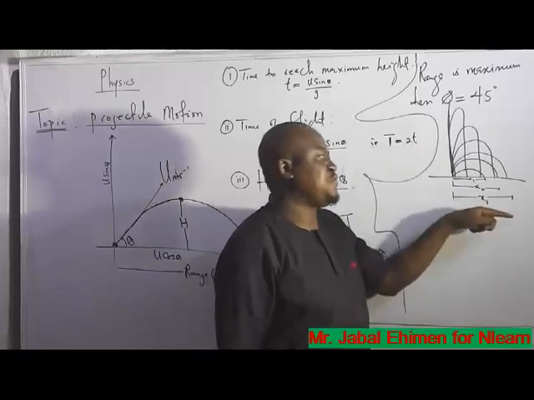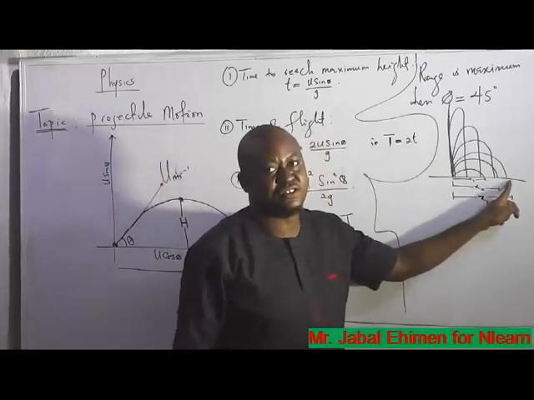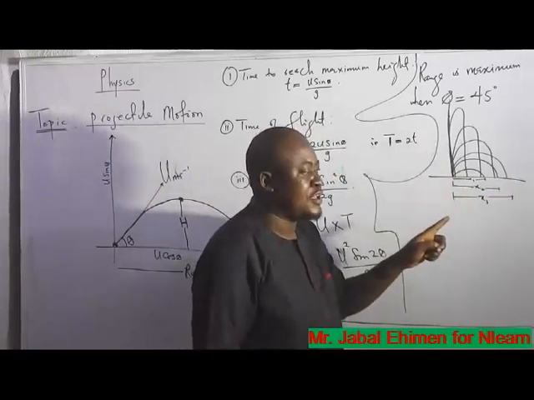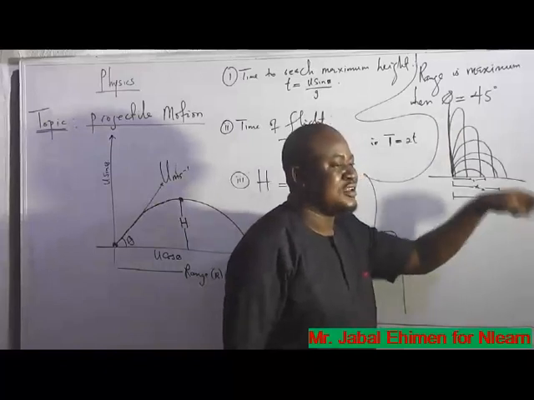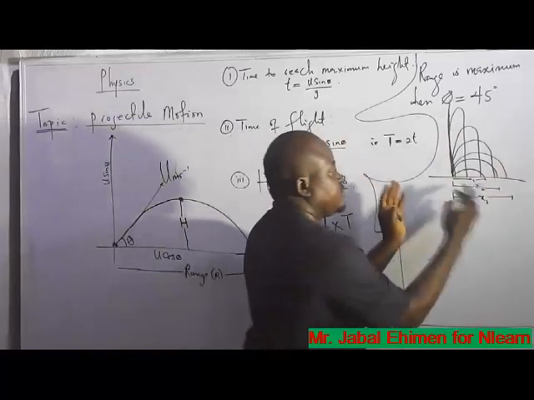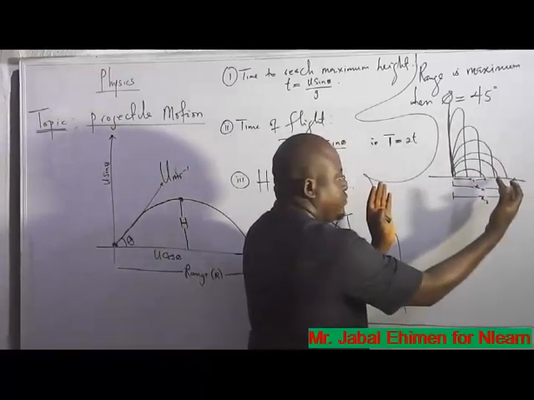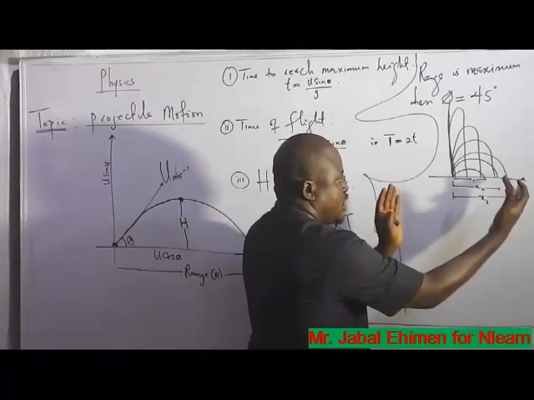Immediately you get to 45, that is the maximum it can reach. But when you exceed 45, instead of moving forward, they start falling back. The range measured on the ground level will start falling back.